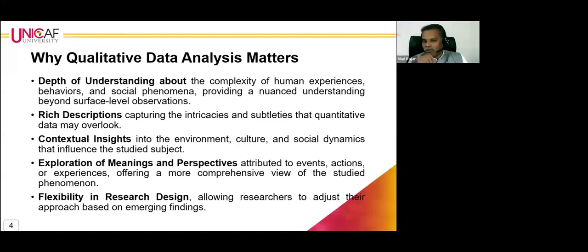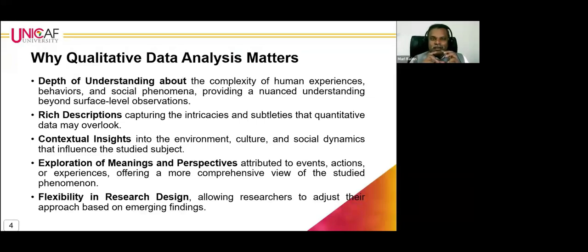But qualitative data gives you the freedom of getting expressions from the respondents. You are taking the respondents along with you. They are not just respondents, they are also going to be a master to teach you. That's why qualitative data matters so much when compared with the quantitative one.